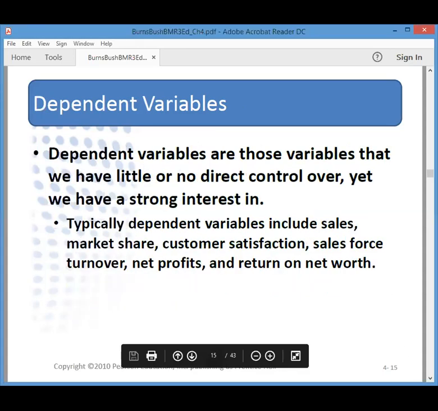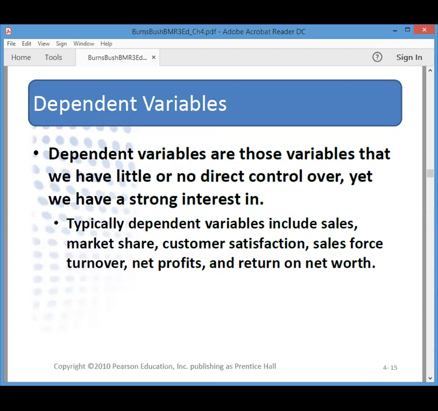Dependent variables are those that we have little or no direct control over, but we want to measure. So we have a strong interest in them and we want to measure them to see how a change in an independent variable causes a change in the measure of a dependent variable.